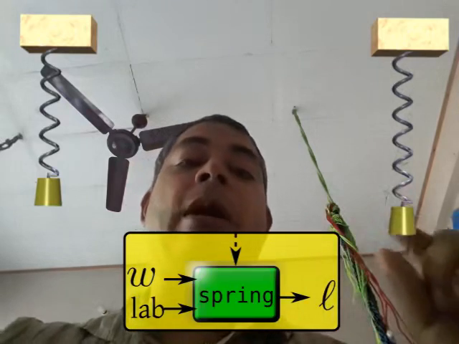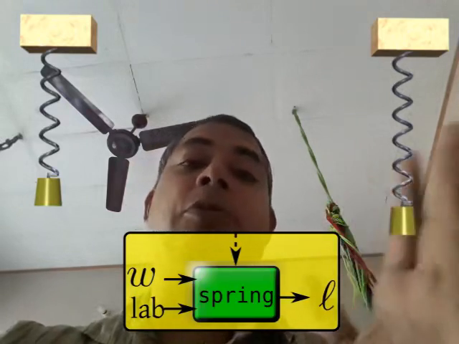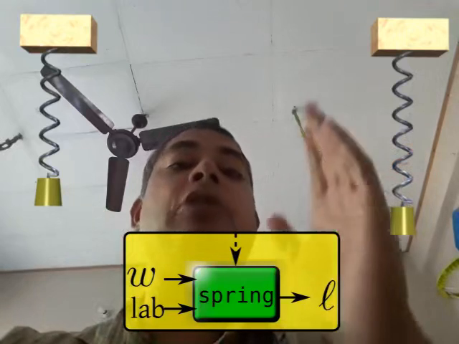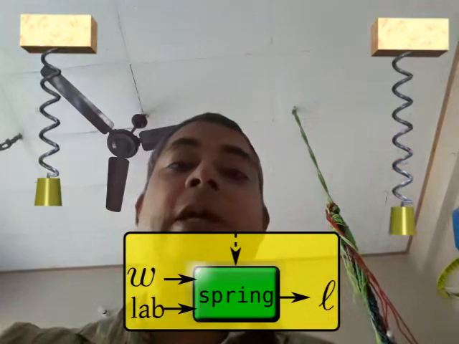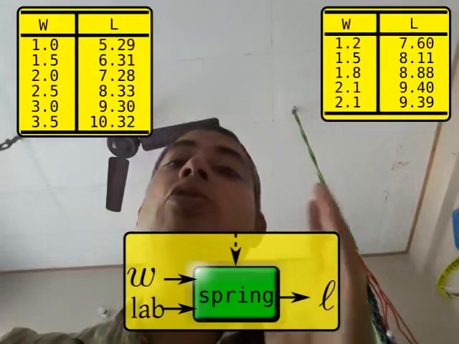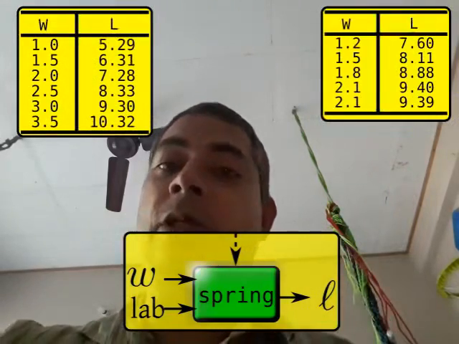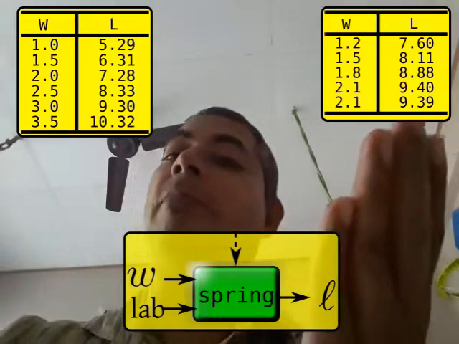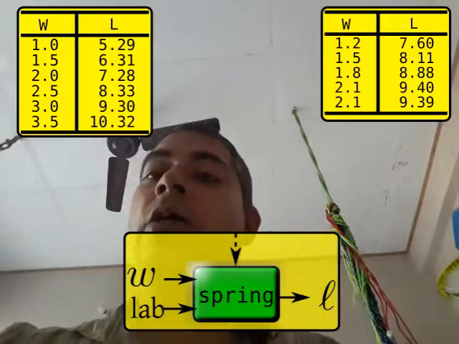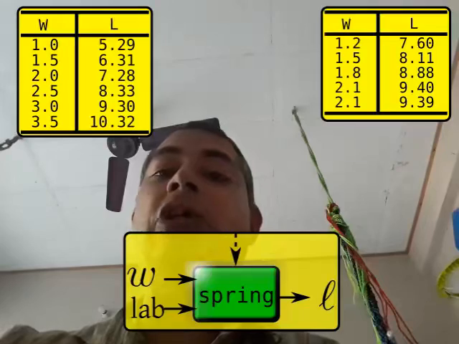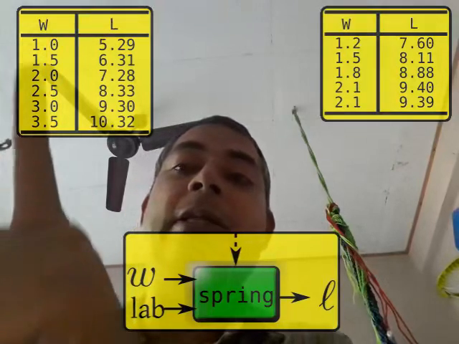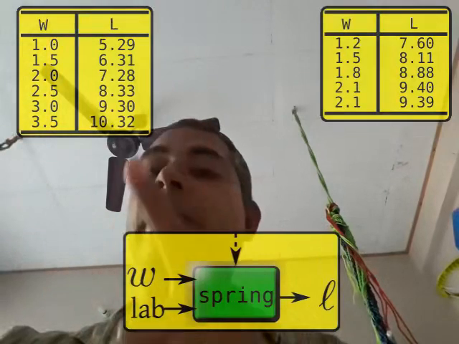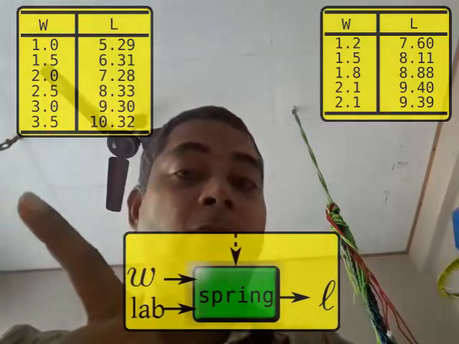So you hang different weights in lab 2, you hang different weights in lab 1, you make the measurements, and as a result, from the two labs, you will get two sets of data. Say you get this from lab 1, and this from lab 2. So you have different weights, and you have got different lengths. All these things come from lab 1.